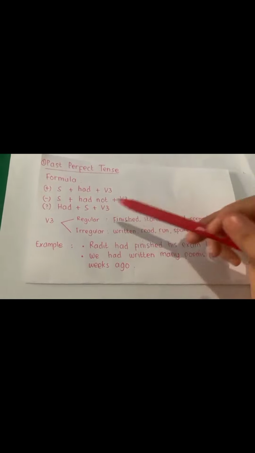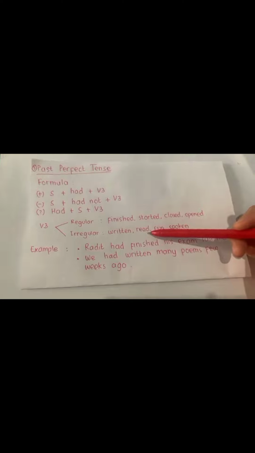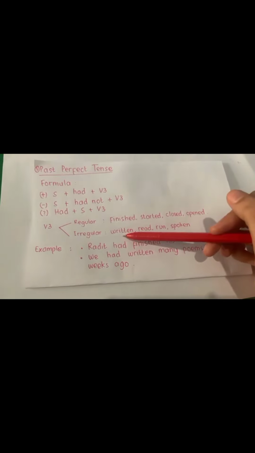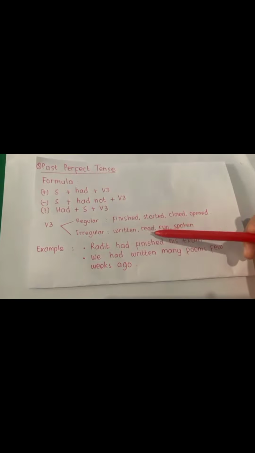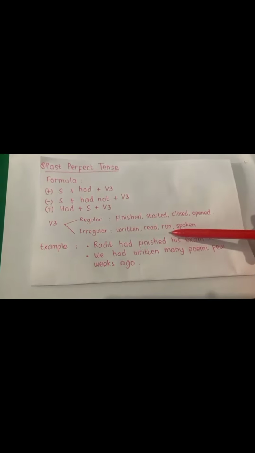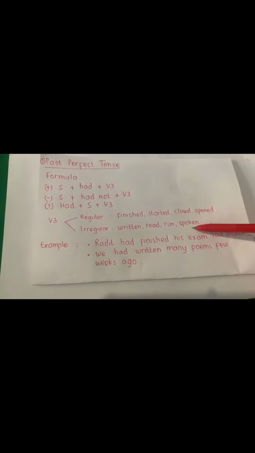And the irregular forms are written, read, run, and spoken. Written is the verb 3 form of write, read is the verb 3 form of read, and run is the verb 3 form of run, while spoken is the verb 3 form of speak.